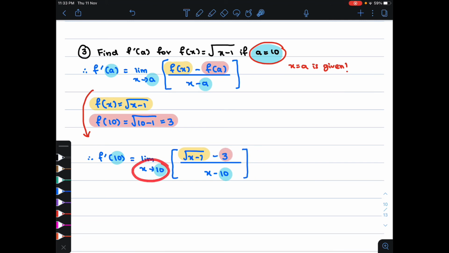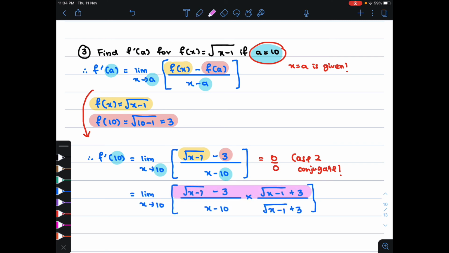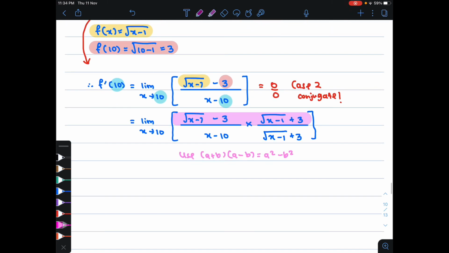If we substitute x equal to 10 into x, we'll get case 2, therefore we need to use conjugate. And we only need to expand the one with the conjugate. So use the formula (a plus b) times (a minus b) equal to a squared minus b squared. And for the denominator, you just need to copy them down.